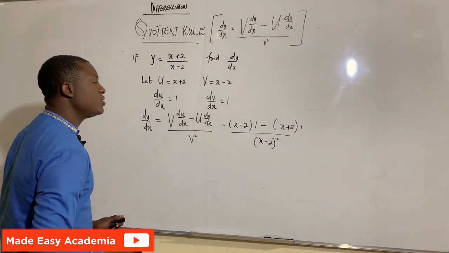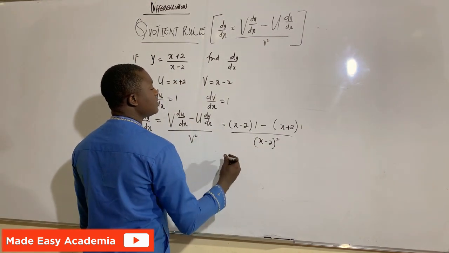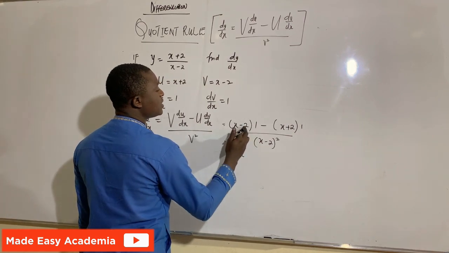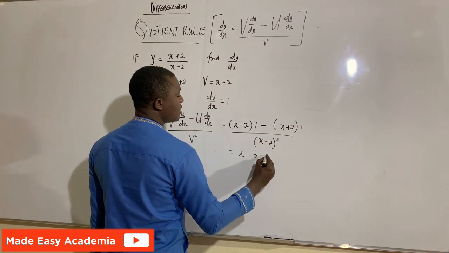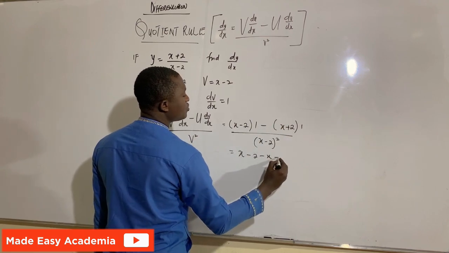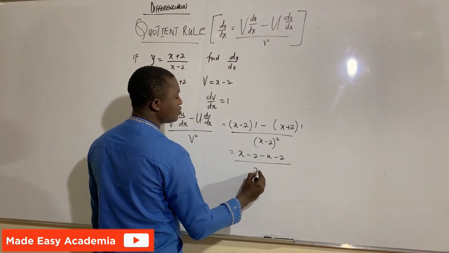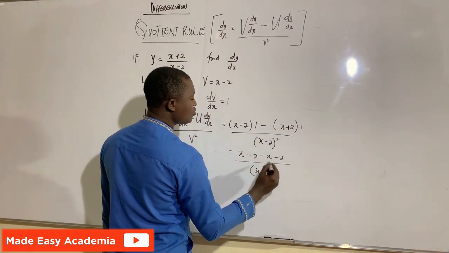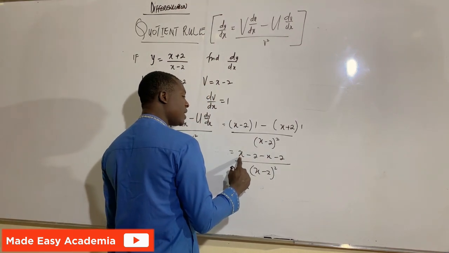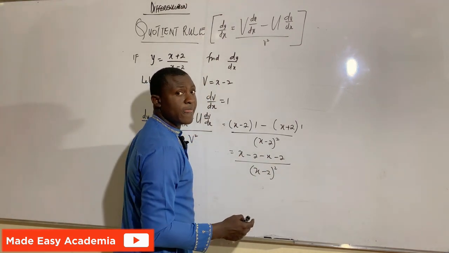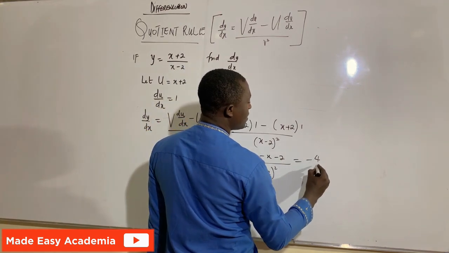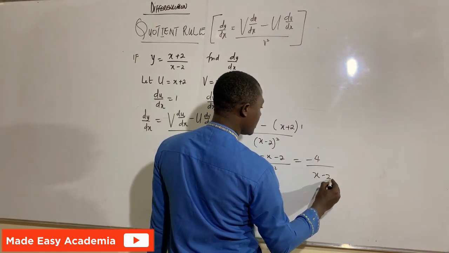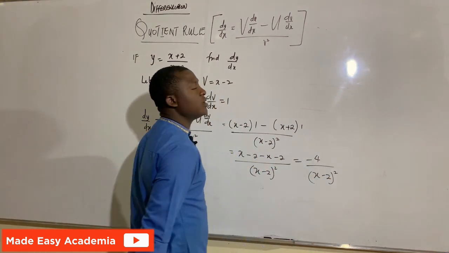Now if I open the bracket, 1 times x gives x, and 1 times minus 2 gives minus 2. Minus times x gives minus x, and minus times plus 2 gives minus 2, all divided by x minus 2 all squared. Now x minus x is 0, and minus 2 minus 2 is minus 4, all divided by x minus 2 all squared.